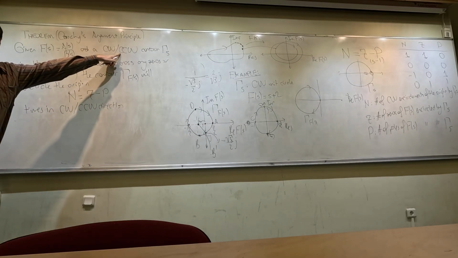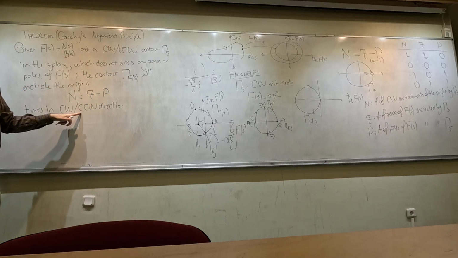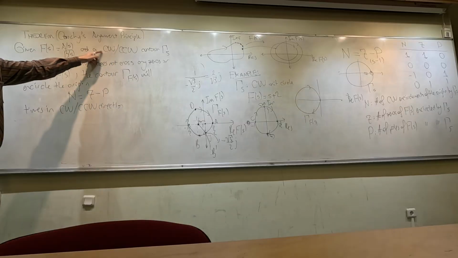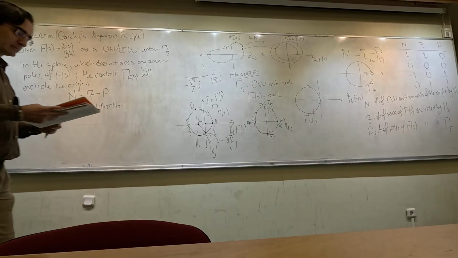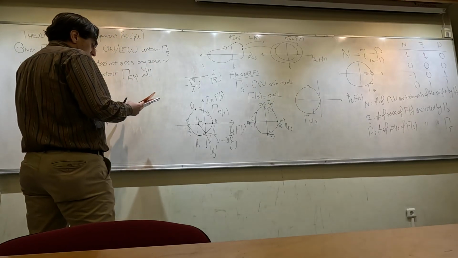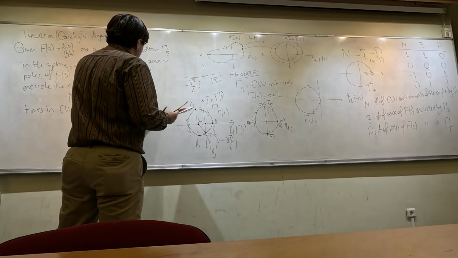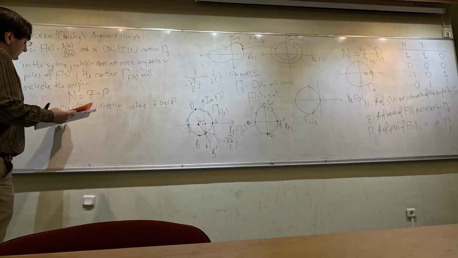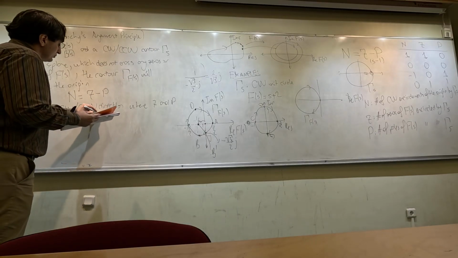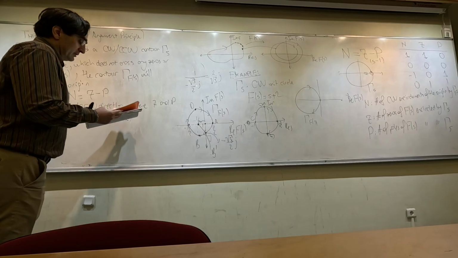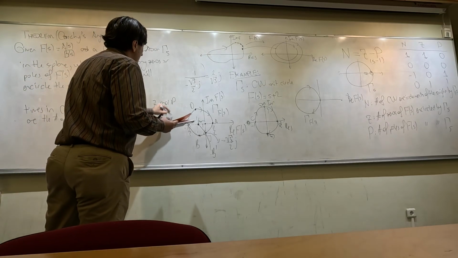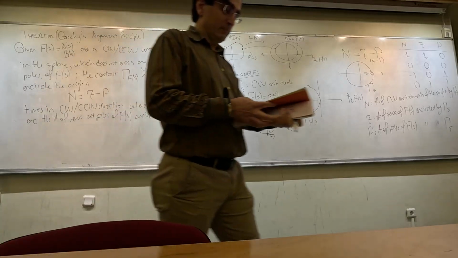If the original contour is in counterclockwise direction, then I have to count the counterclockwise encirclements of the origin. But in this course, we are going to be mainly using the clockwise encirclements direction, where Z and P are the number of zeros and poles of f of s encircled by gamma s.